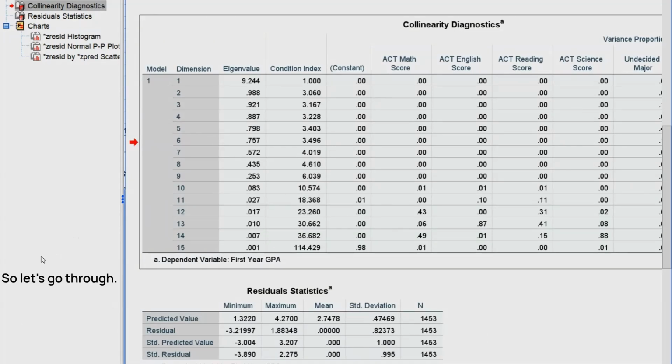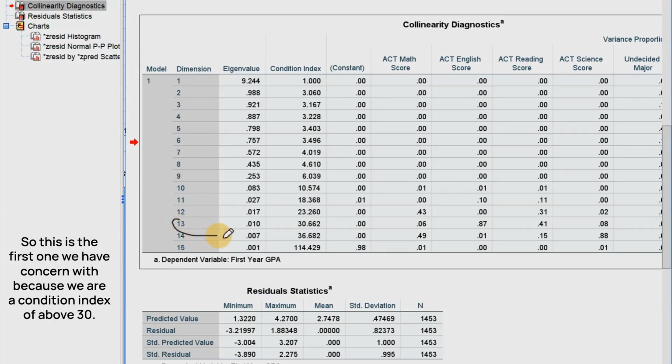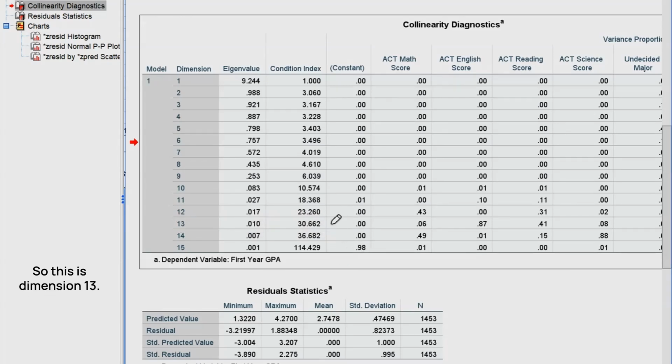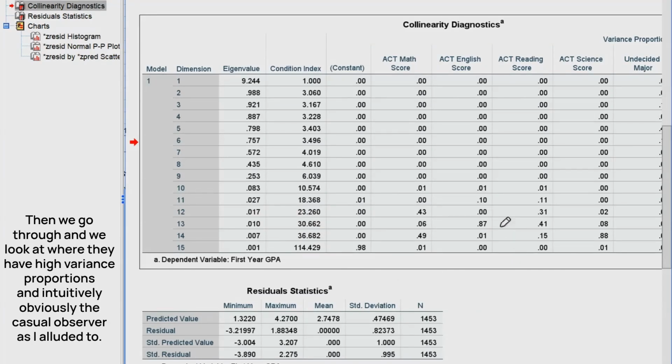So let's go through the starting point, and I'll get my marker out here. This is the first one we have concern with because we have a condition index above 30. This is dimension 13. Our condition index is 30.662. Then we go through and look at where they have high variance proportions.